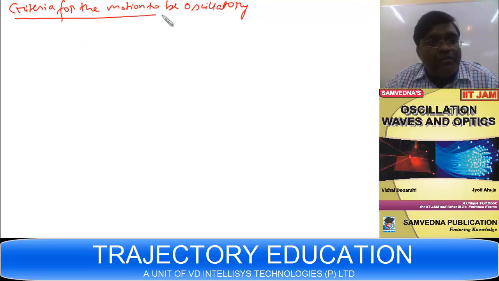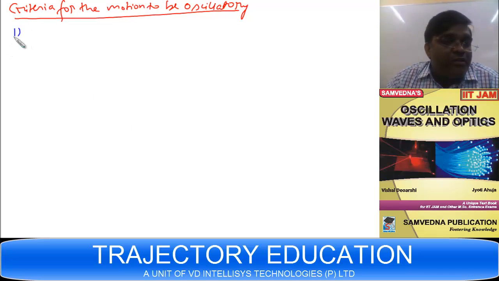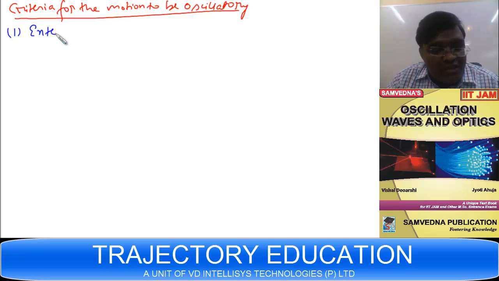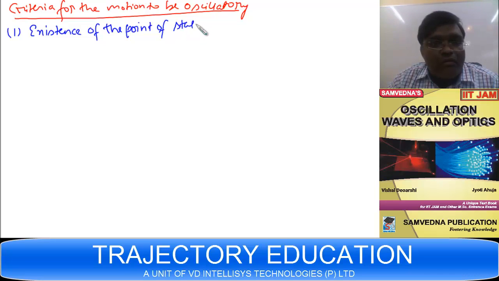What are the criteria for the motion to be oscillatory? For a motion to be oscillatory, you need to have two conditions. One, existence of a point of stable equilibrium.